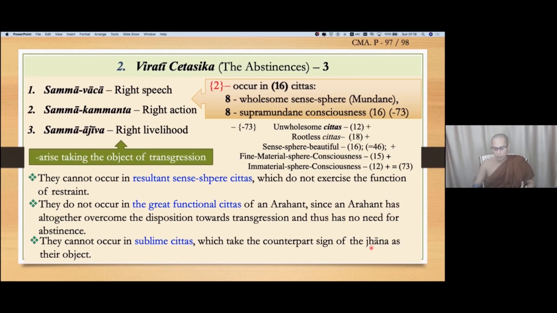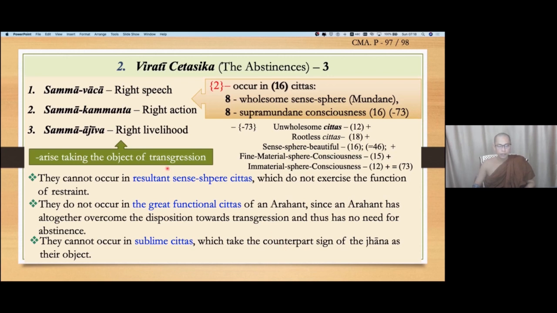In the jhana level, the consciousness take the counterpart sign as its object, and sometimes it takes the consciousness itself, the reality of consciousness, mahaggata. But most of them are taking the counterpart sign as their object.